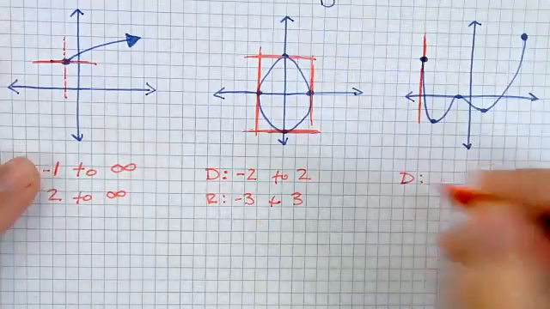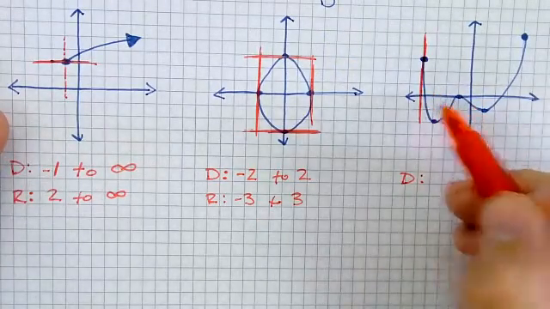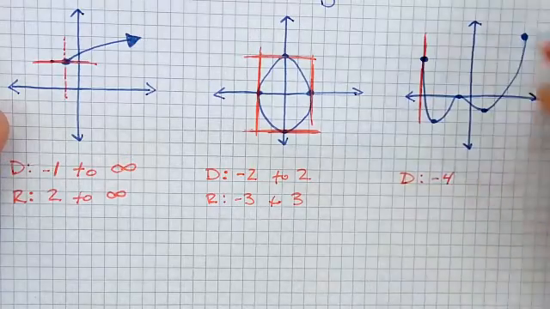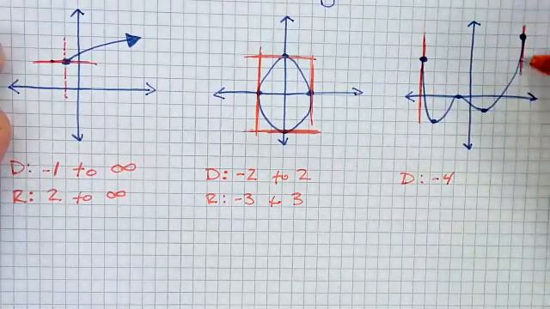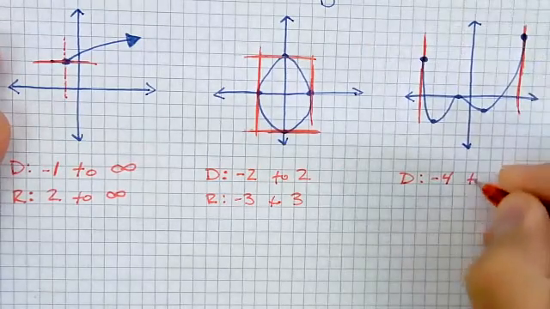Third one here, domain, furthest value to the left, -4. Furthest value to the right, +4.